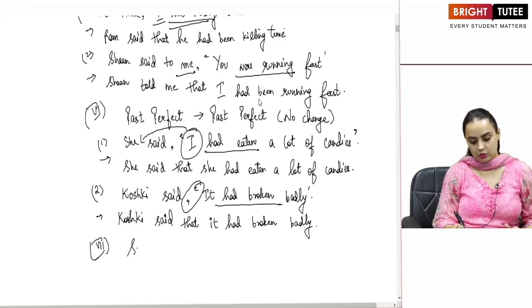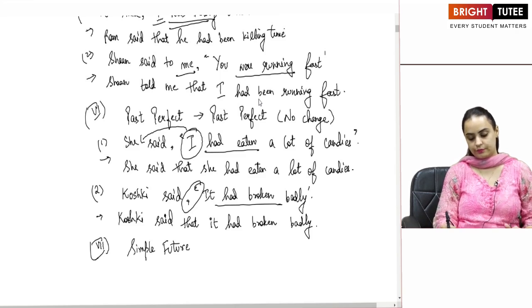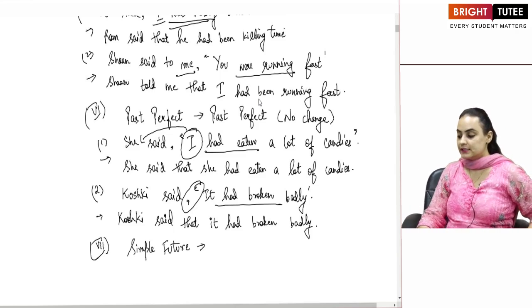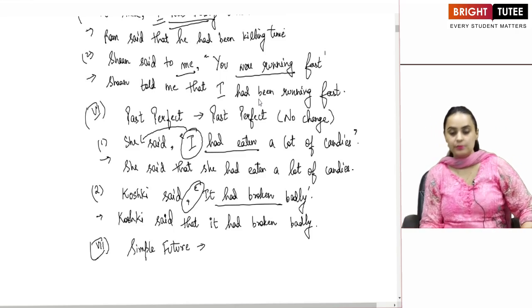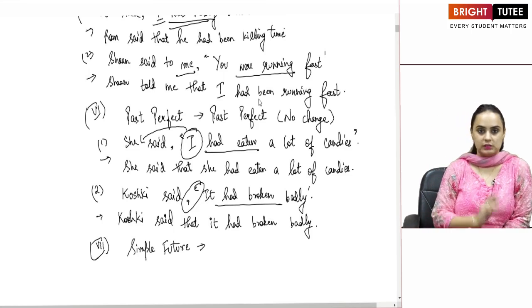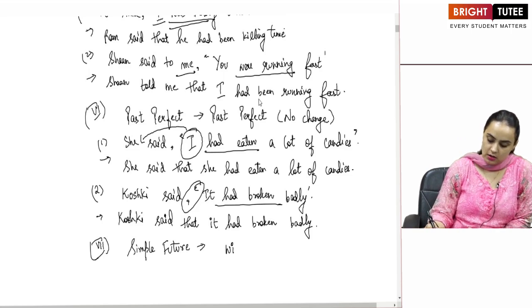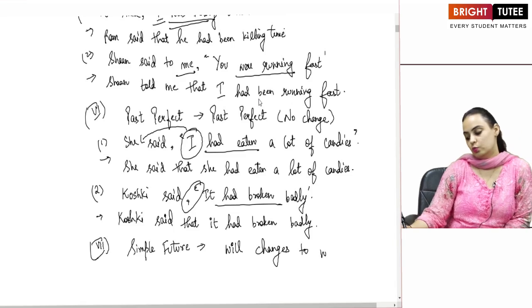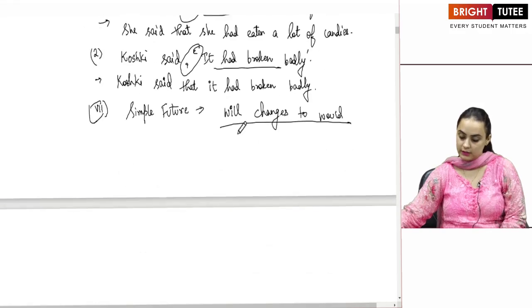Next, let us talk about future. Simple future. If my sentence is in simple future, then the only change that will take place is will changes to would. What does it mean?